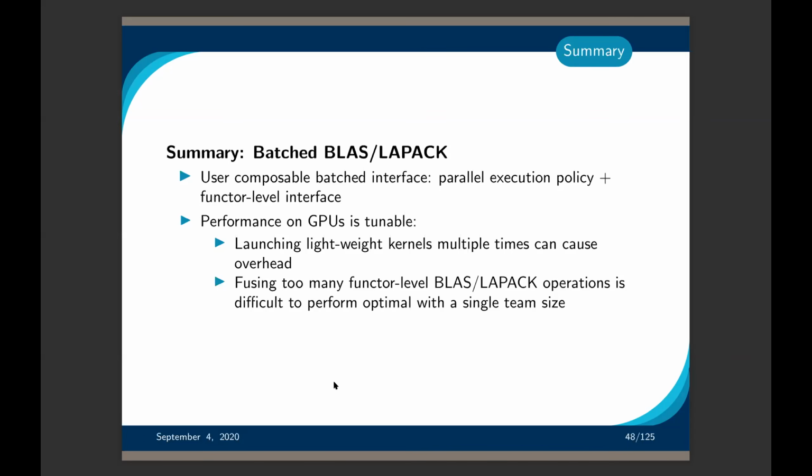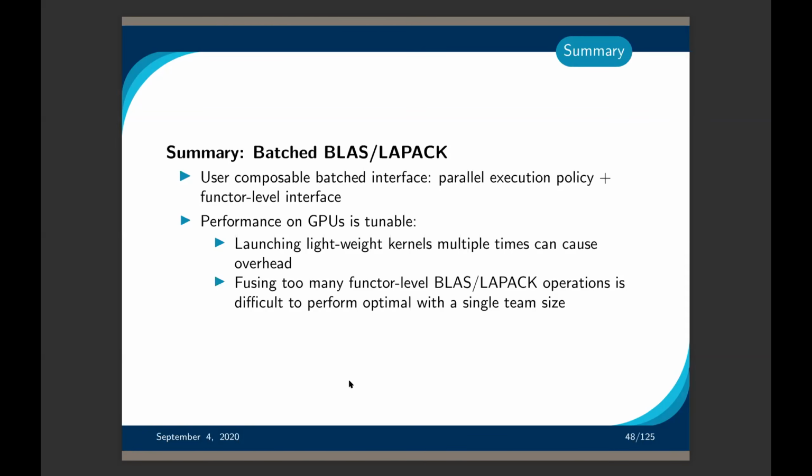So launching multiple lightweight kernels can cause some launching overhead, or some latency. And then we have the bandwidth problem here. But using too many kernels makes it difficult to optimize by selecting the team size.